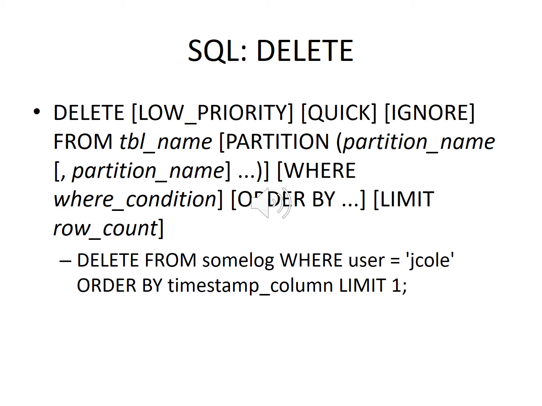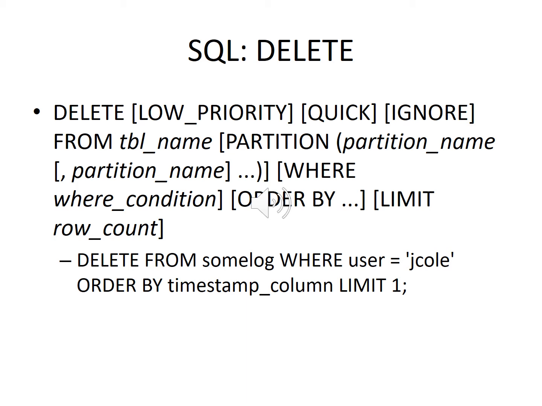Then the second part of the statement, I'm going to read it through, but don't worry about it right now. We're actually going to go into order by. The second part says order by timestamp column limit 1. Order by will essentially sort the data by the timestamp column.